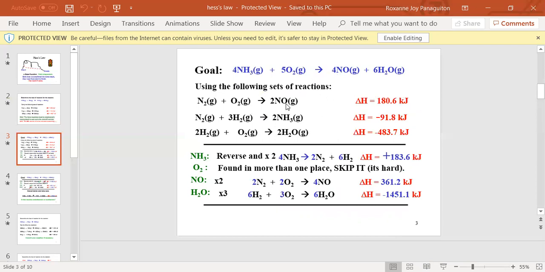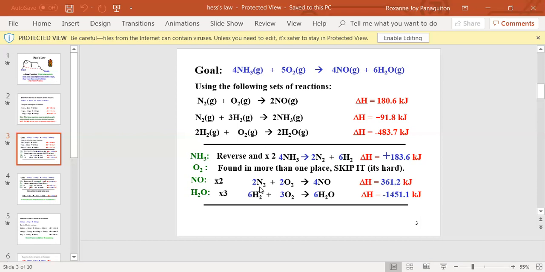In both equations, nitrogen oxide is found on the product side. So there is no need to reverse the reaction. However, in your main equation, you have 4 moles of nitrogen oxide, okay? And you only have 2 moles of NO in your first equation. So what you are going to do is you have to multiply your first equation by 2.